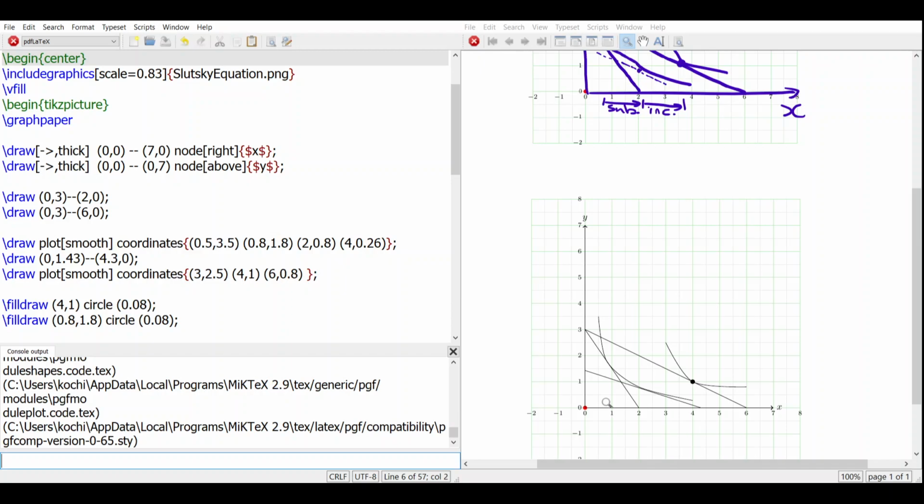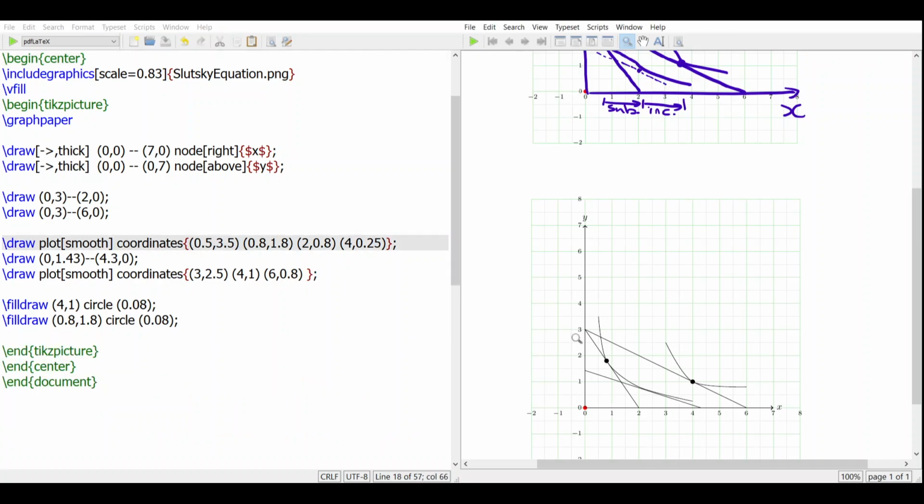Seems okay, but it seems like there's some problem with the plot here. Oh, I guess the ratio is still 1 to 2. So I think I made it wrong for this line. So I need to adjust a little bit because the slope is like 2. So I need to adjust a little bit about this line.